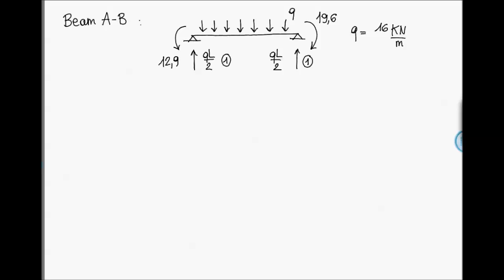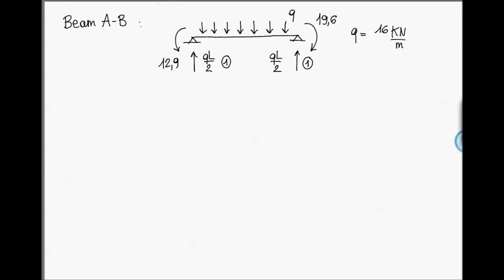So in this case, we have these two contributions, that will be calculated in a minute. The length of beam AB is equal to 5 meters. This is extreme A and this is extreme B.